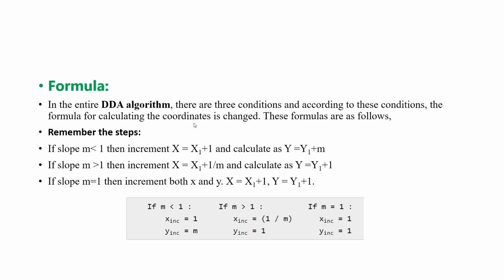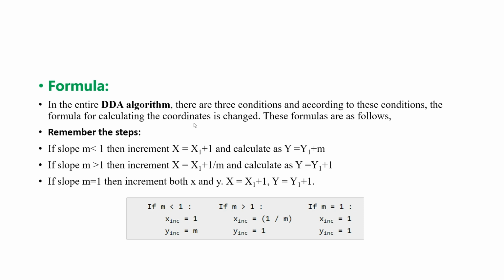If the slope value m is less than 1, x is incremented by x plus 1, but y is incremented by y plus m. That is, xi plus 1, yi plus m. If there are more points, you continue increasing one by one.